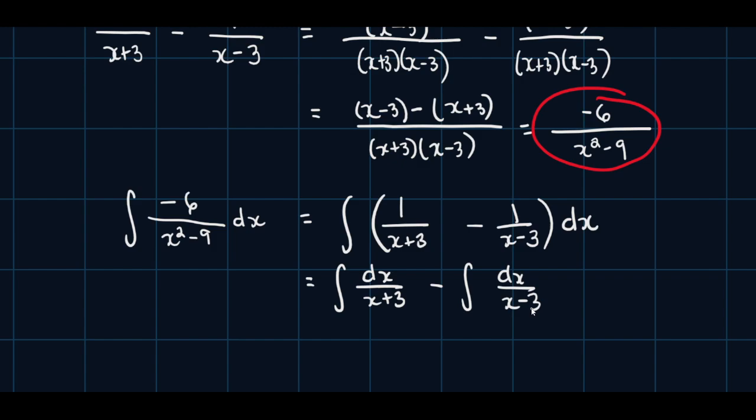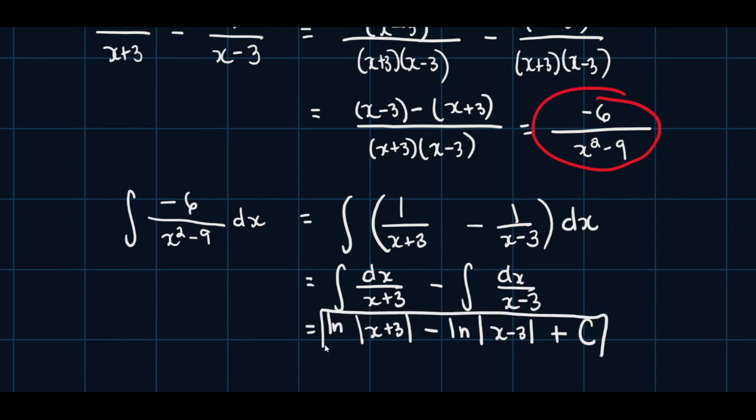Even though the integrals increased in number, these two are actually simpler to solve. We can simply use integration by substitution here to get ln of absolute value of x plus 3 minus ln of absolute value of x minus 3 plus c.